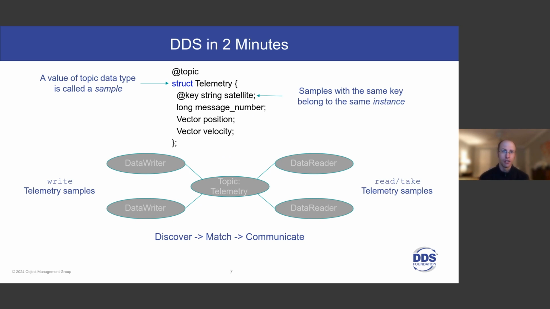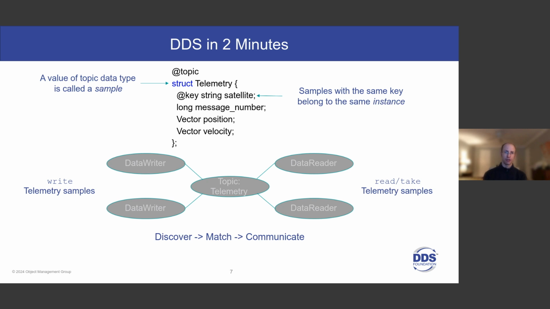So in use, we define a topic using IDL or some other mechanism. It's a strongly typed system. In this case, we have telemetry. It's got a key, which is a string, which indicates perhaps the ID of a satellite, with a message number and a position and velocity.